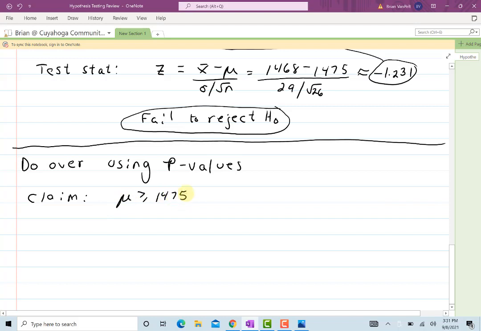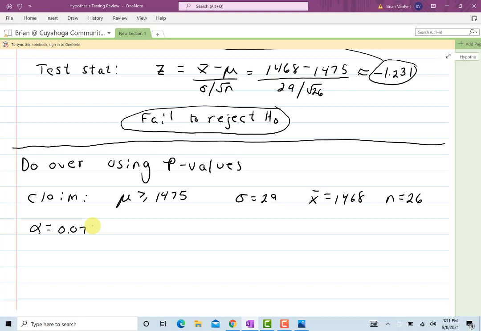We had sigma equal to 29, x bar equal to 1468, and n equal to 26. Now this is a little bit different than before. Alpha equals 0.07 is our level of significance as before.